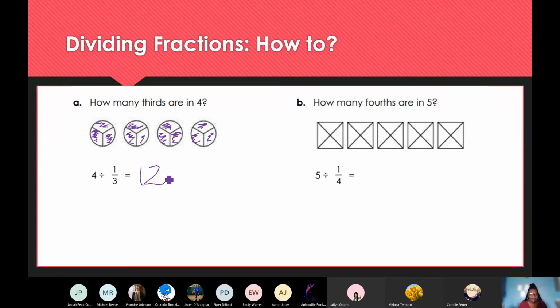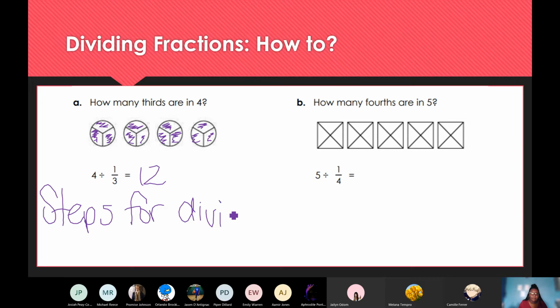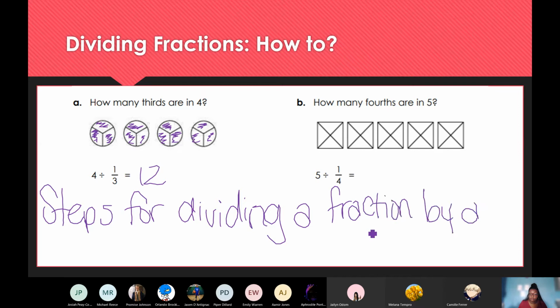So when we're dividing, steps for dividing a fraction by a whole number, that's what I'd like you to write down next after we write down problems A and B, and I'll give you some time to get that written down.